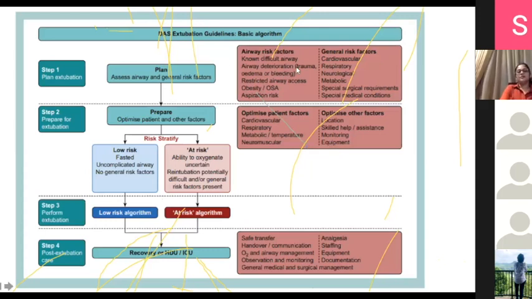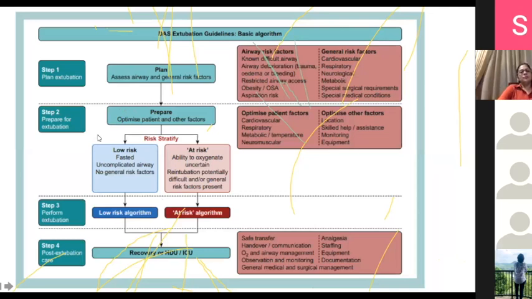You must always ask the question, does my patient have an airway problem? Would my patient be at a risk of airway-related problems? Or does my patient have a general risk factor? So airway risk factors are all that has been stated here, from restricted airway movements, obesity, risk of aspiration, known difficult airway, or any systemic problem.